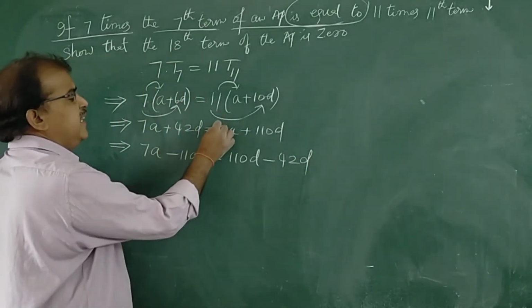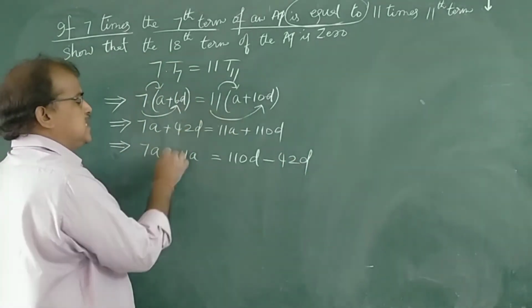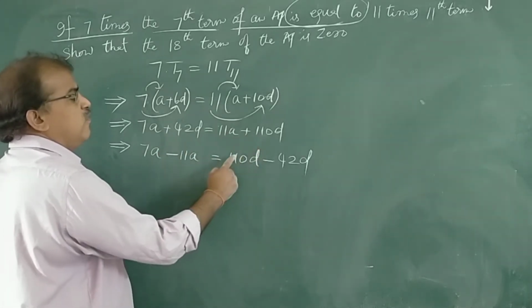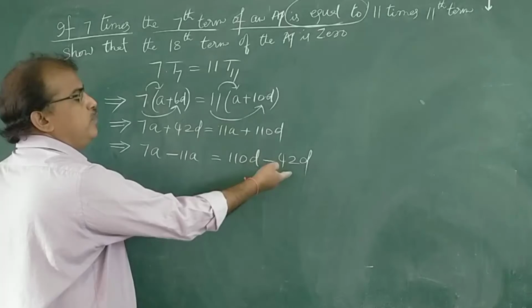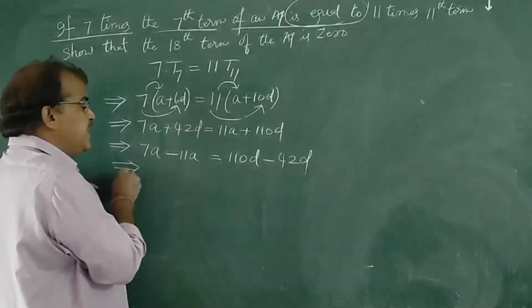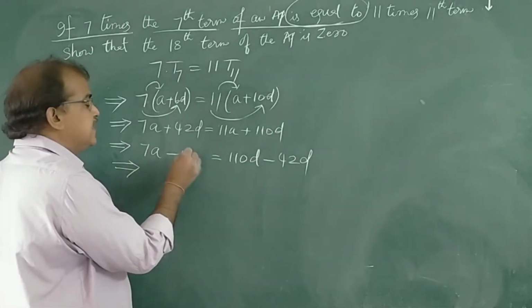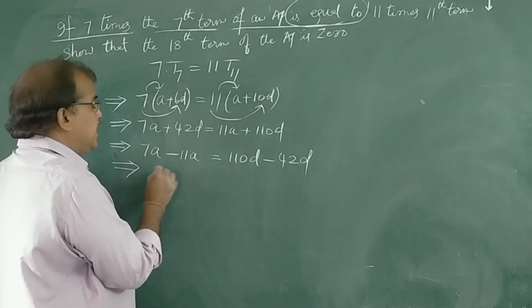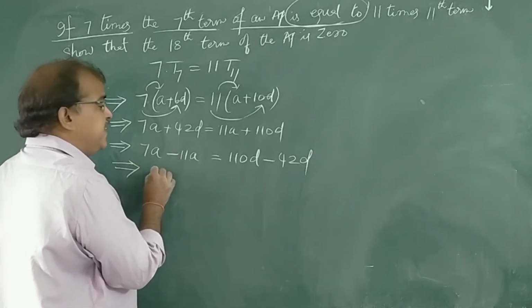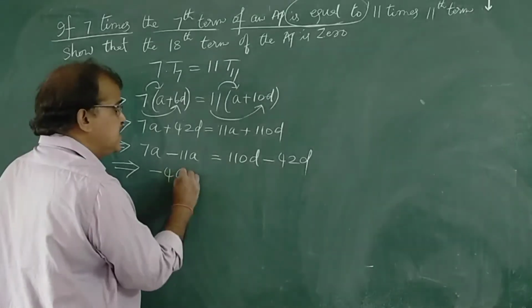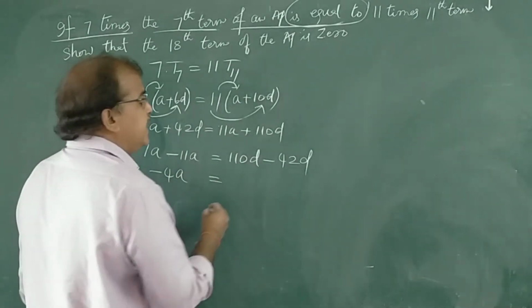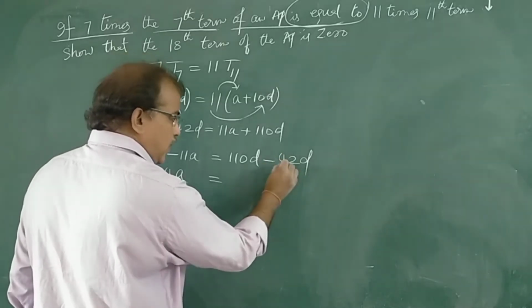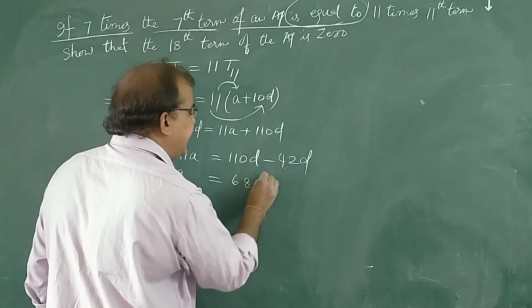The 11A is transposed to this side as minus 11A, and the 42D is transposed as minus 42D. So 7A minus 11A is minus 4A, and 110 minus 42 is 68D.